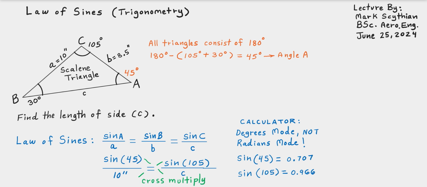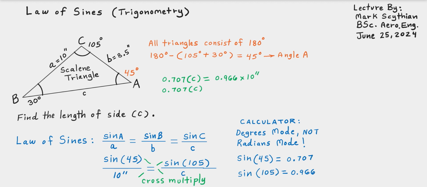Now we can cross multiply to solve for c. So the sine of 45 degrees, 0.707 times c, made equal to the sine of 105 degrees times 10 inches.